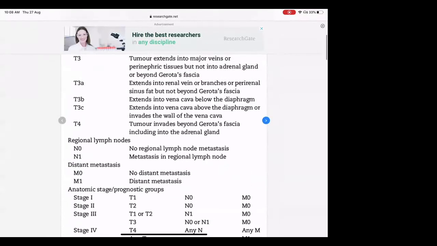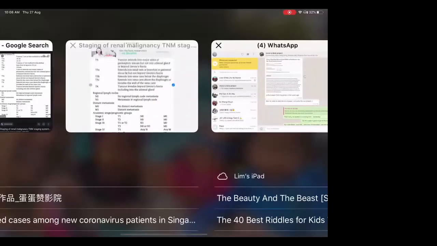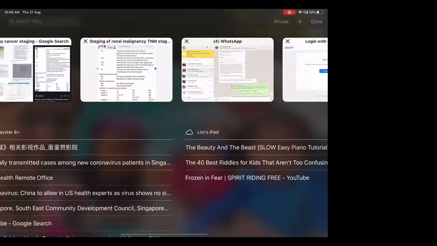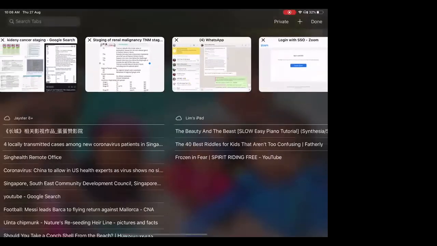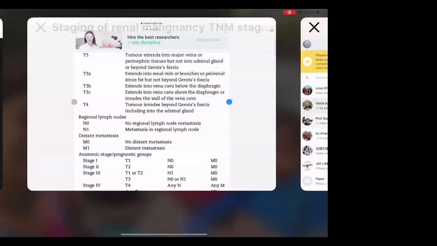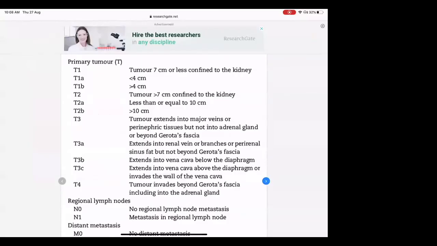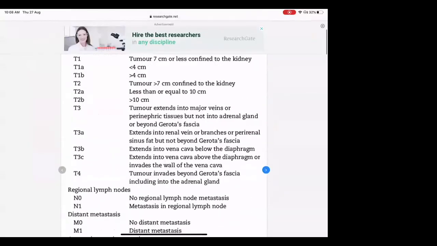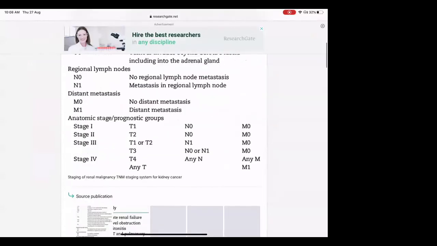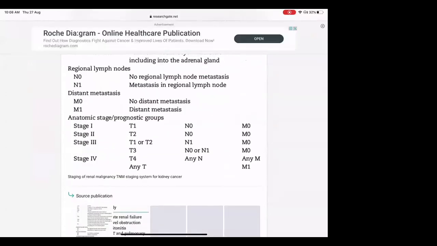I can explain to you, they are used by different people for different reasons. Most people that you talked about will never understand or know much about the T, the N, and the M staging. Most people, however, will know the stage 1, 2, 3, and 4.